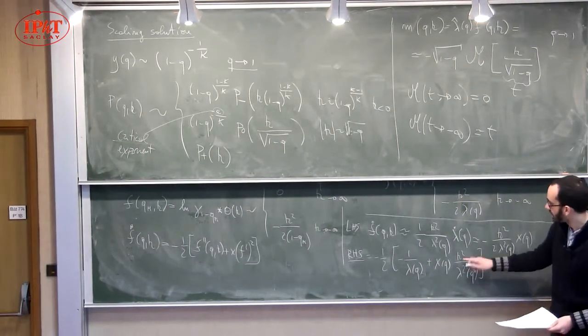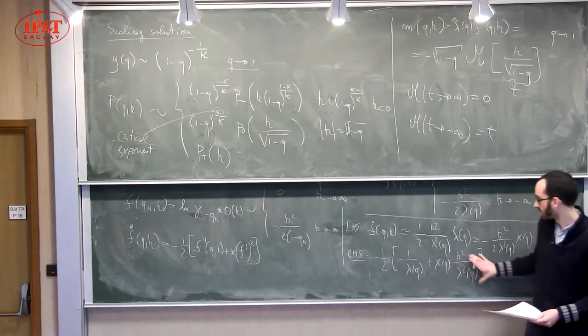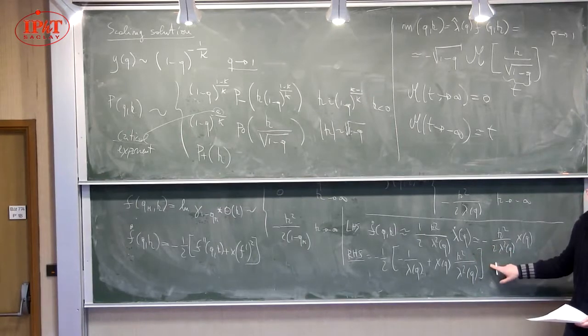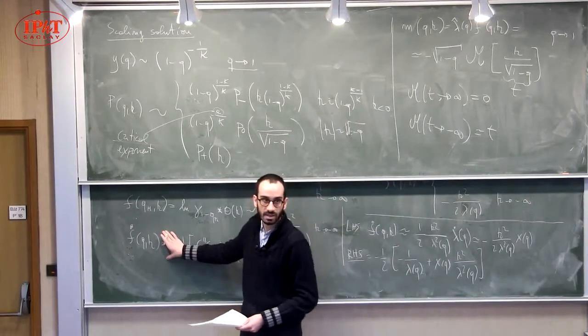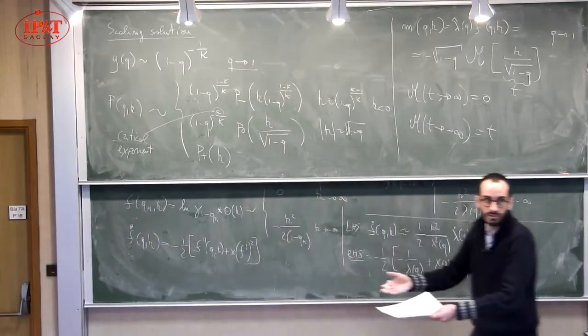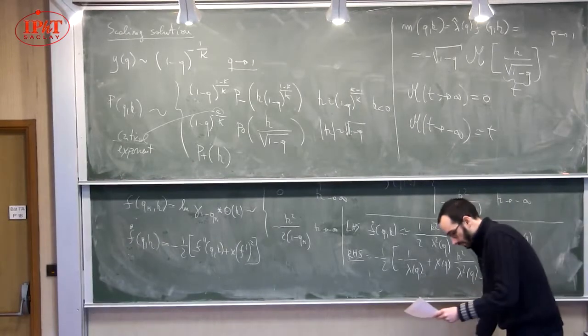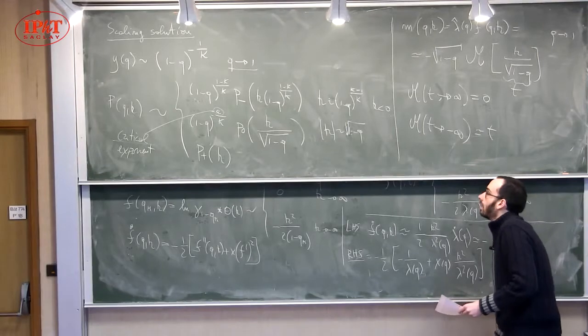So for h that goes to -infinity, this doesn't matter. This expression is dominated by this one. And therefore you get the same. Okay. So this is a solution of this equation when h goes to -infinity. Okay?